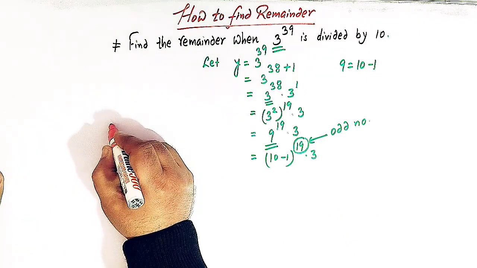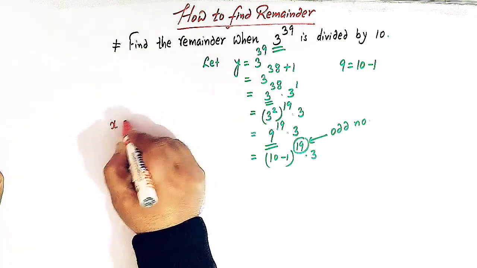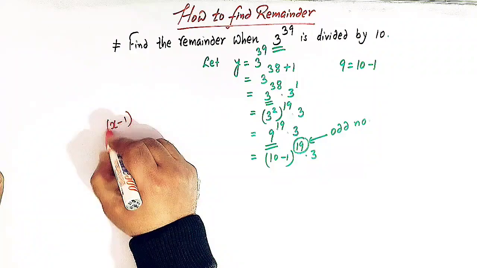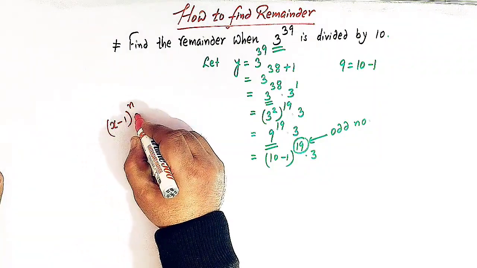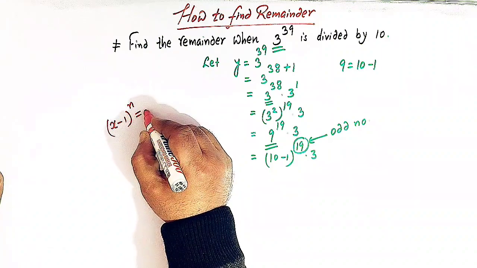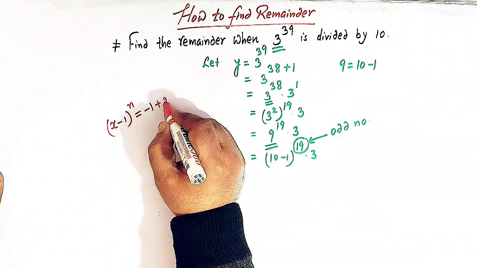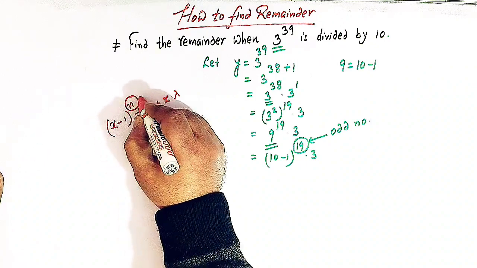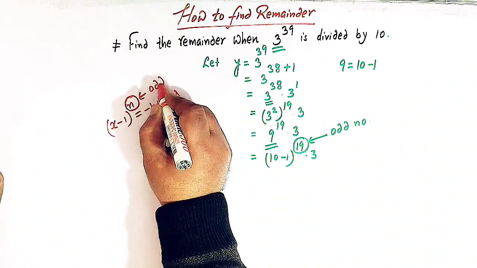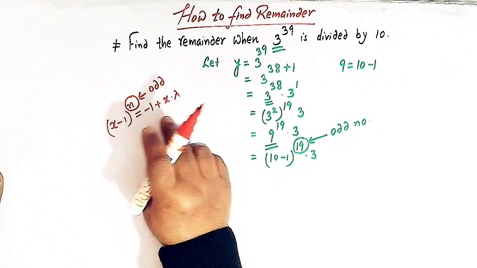Now see, when we have a binomial like x minus 1 raised to n, then x minus 1 raised to n can be written as minus 1 plus x times lambda whenever this n is odd, right? So here we are not going to prove this result.